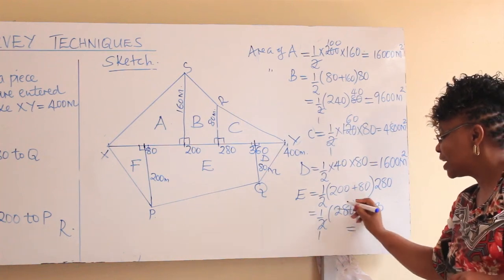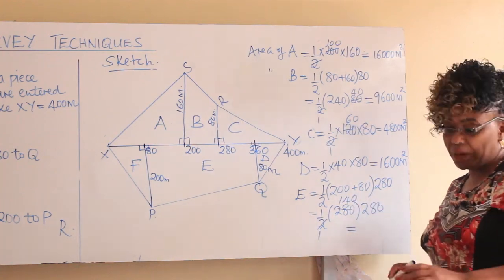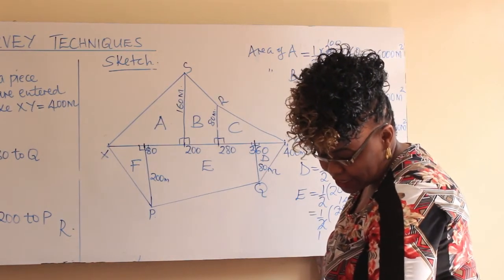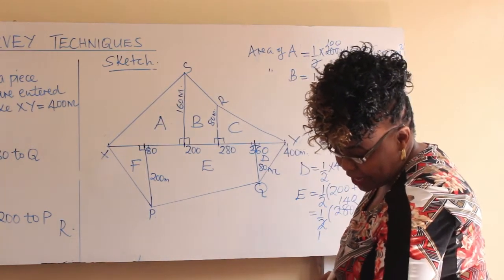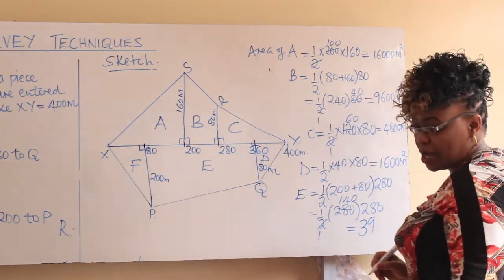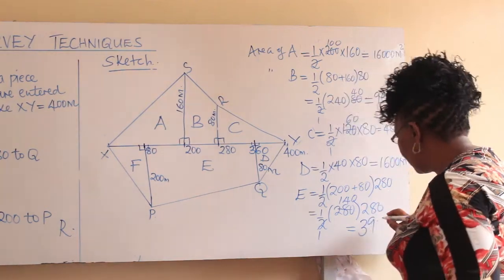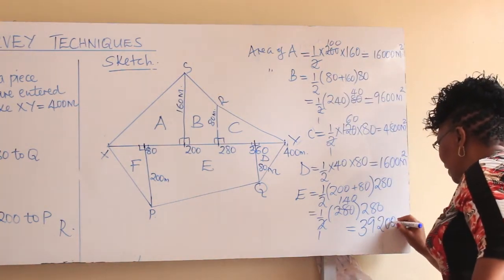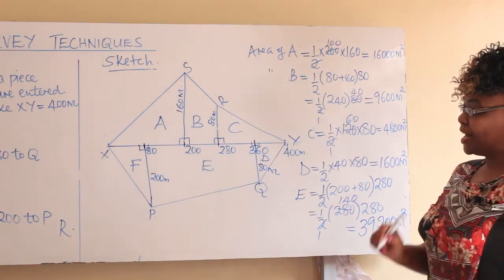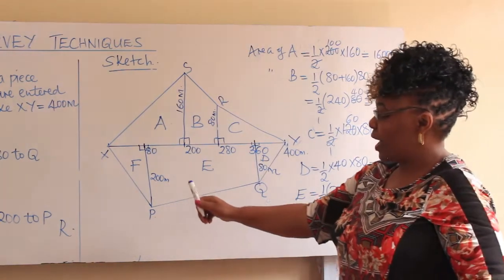You can divide like that, and then you multiply using a calculator. You should get something like 39,200 meters squared.